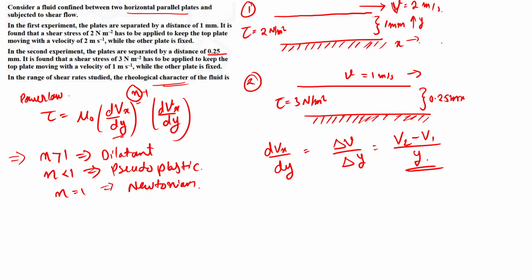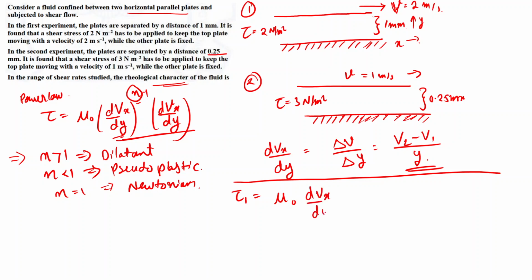Now for both the cases, basically, we can write tau is equal to mu naught (dvx by dy) raised to n.